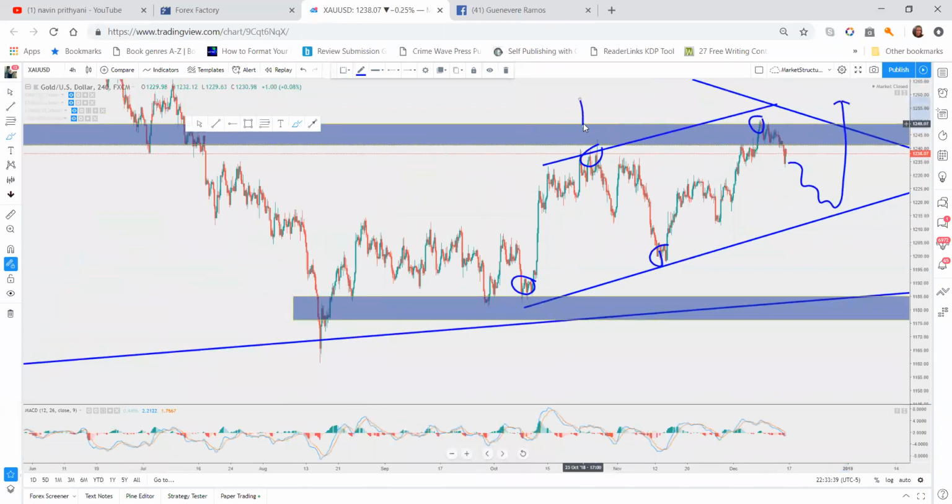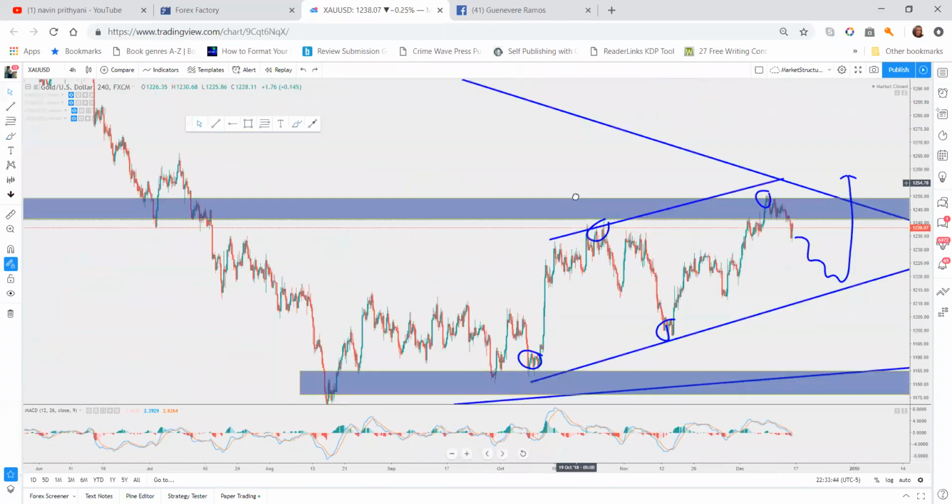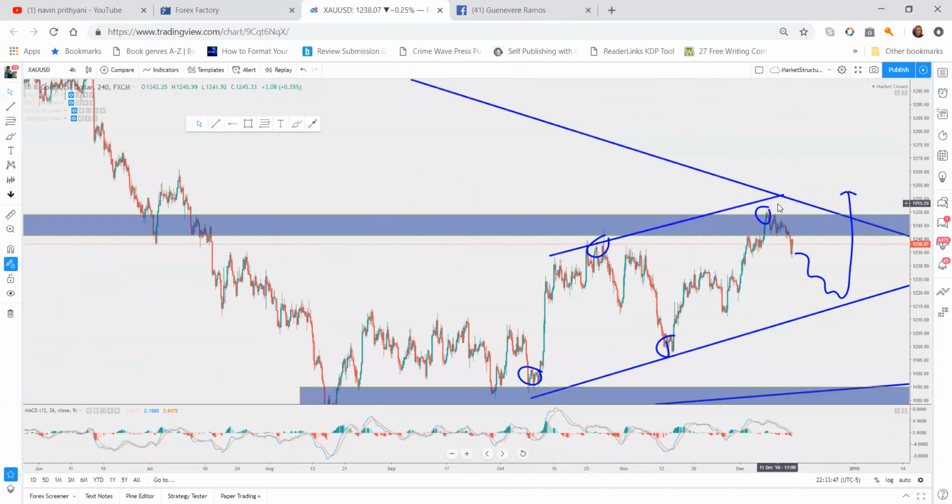Once it breaks through, our next take profit point on this pair would be right here at 1263, and then about this price range, 1276.